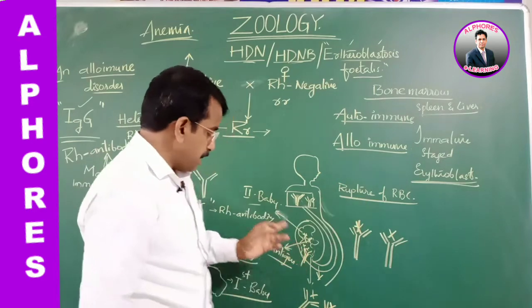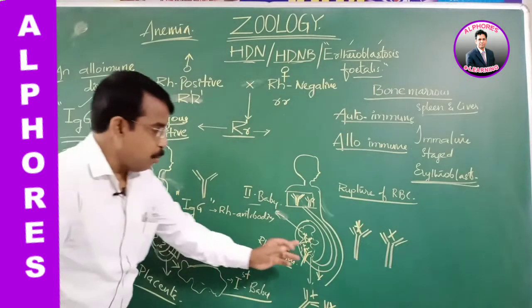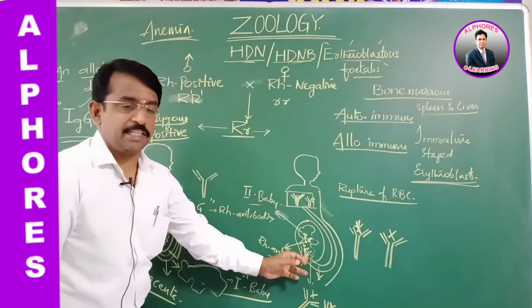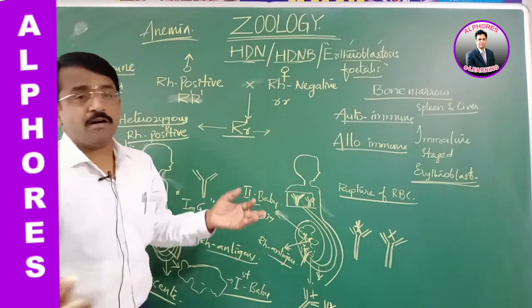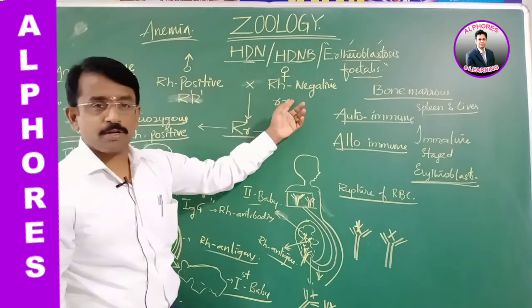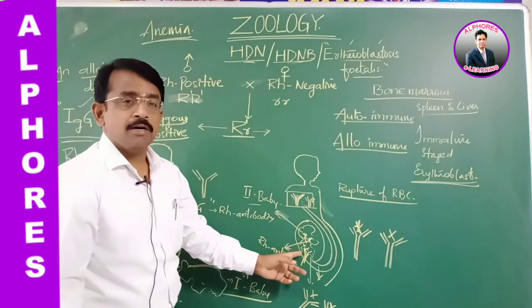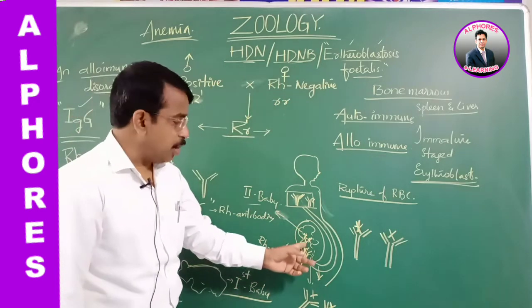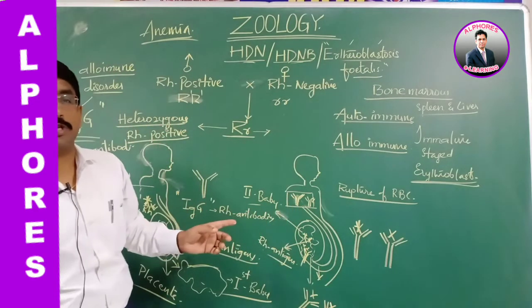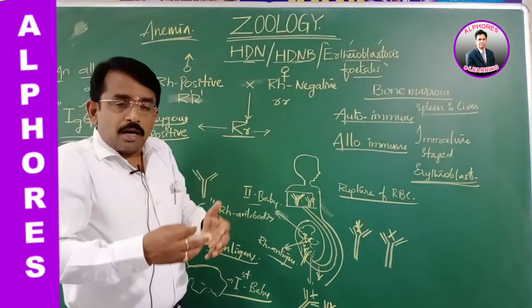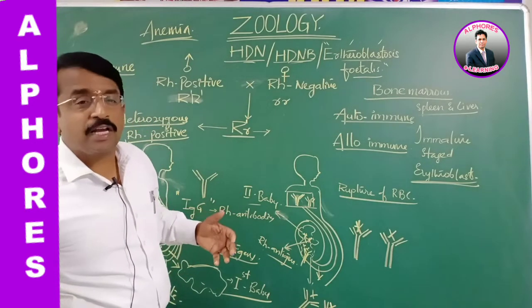When the mother becomes pregnant for the second time, the fetus is again Rh positive, to the same parents. This Rh positive fetus with the Rh antigen reaches the mother's already sensitized immune system, so the antibodies go on being produced.